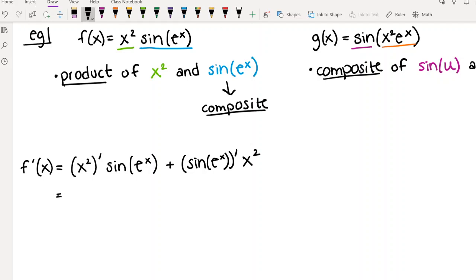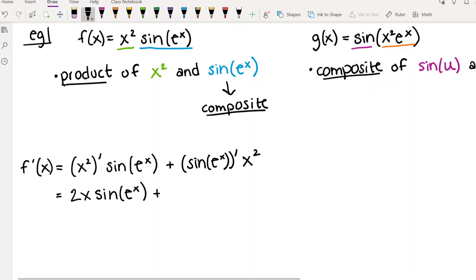So what do we get here? Well, the derivative of x squared is 2x. So we have 2x times sine of e to the x. And then for this other part, sine of e to the x, this is where I think, if you're always writing down your inside and your outside function every time you're doing the chain rule, when you get to these examples where you're using multiple rules, that's going to slow you down and maybe confuse you more than it helps you.